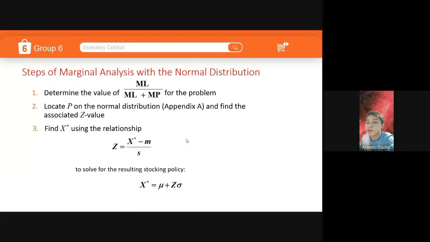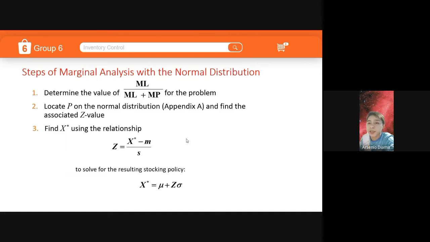Steps. First, determine the value of marginal loss divided by marginal loss plus marginal profit for the problem. Then locate P on the normal distribution table and find the associated Z value.